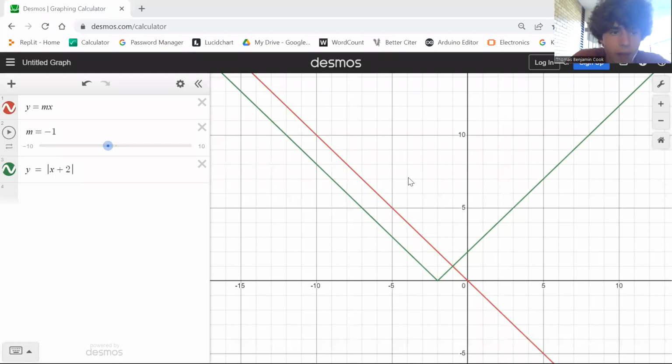So to start off with, right here, when m is -1, these two lines are parallel, so they have no intersection, because the gradient of this is -1, and the gradient of this one's +1. So we want m to actually be less than -1.